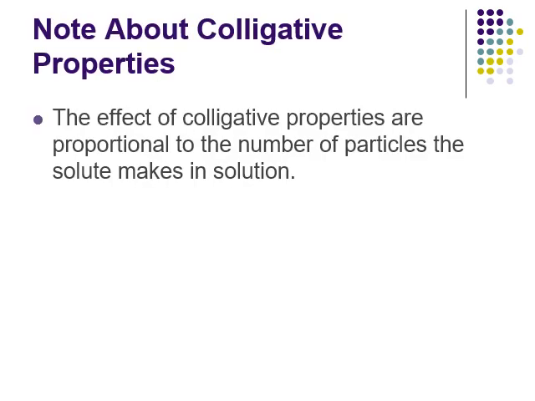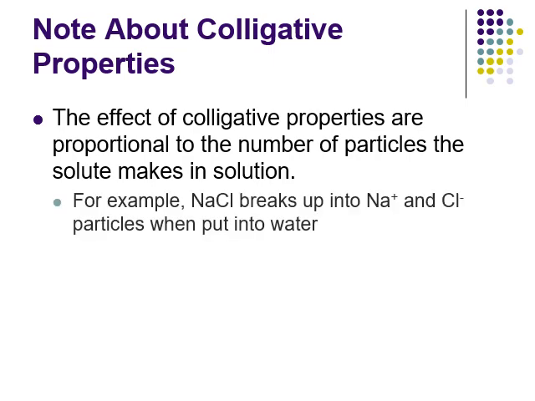Now, a note about colligative properties. All colligative properties are proportional to the number of particles the solute makes. It doesn't matter what the solute is. It's purely how many particles we have. For instance, sodium chloride, when I dissolve it in water, because it's ionic, breaks up into sodium ions and chloride ions. That means for every 1 mole of sodium chloride, we actually get 2 moles of particles.